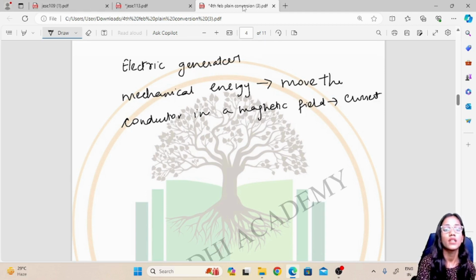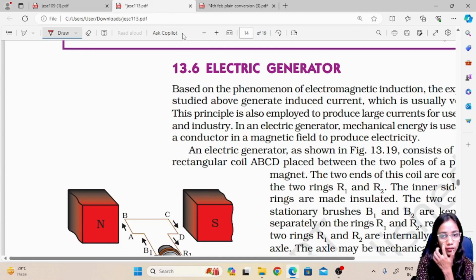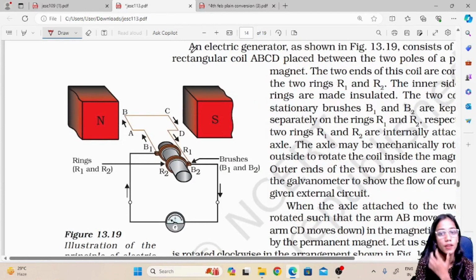Okay, so now let's learn the setup of the electric generator. It consists of a rectangular coil, A, B, C, D, placed under the influence of a magnetic field. The arm AB is connected to the ring B1.